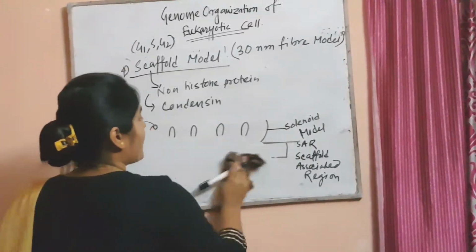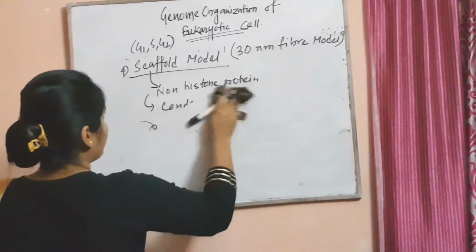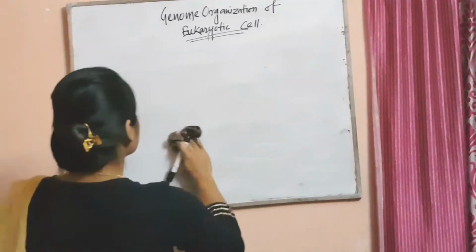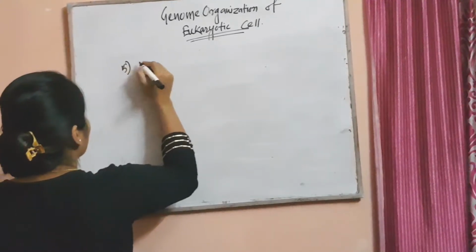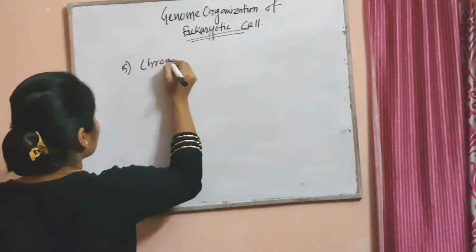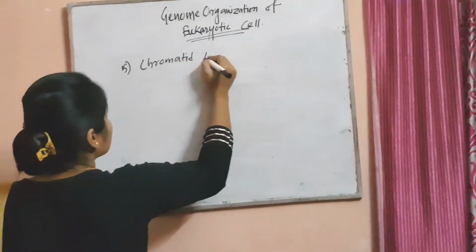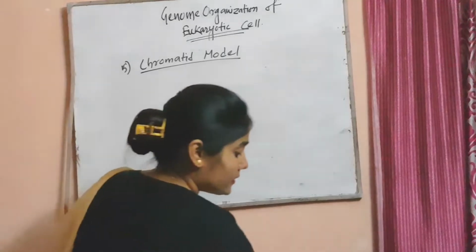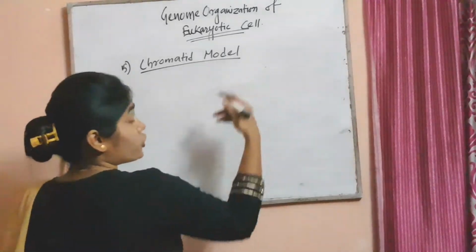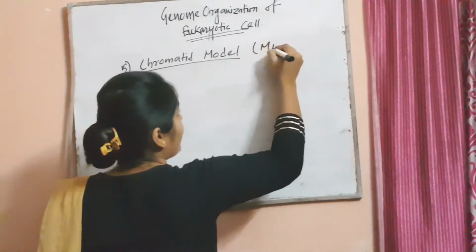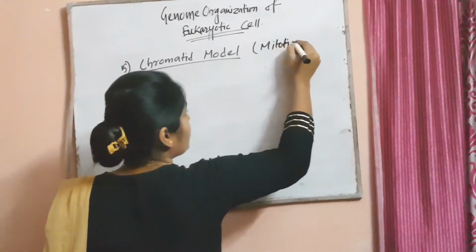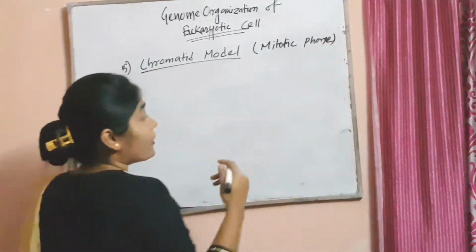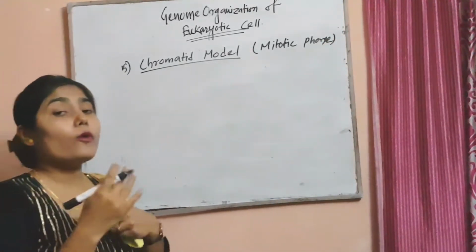So let's discuss the chromatid model. The fifth one is the chromatid model. This chromatid model is shown in the mitotic phase, where there is more compaction.